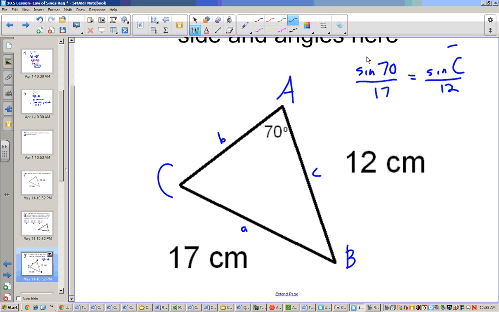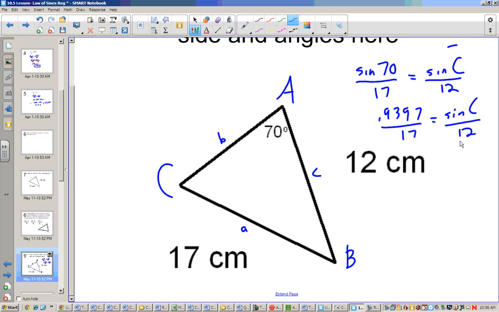Now, this sets up a situation like we used in level 1. To solve for sine of 70, we type in sine of 70, and we have 0.9397 if we round, over 17, is equal to the sine of C over 12. Now we cross multiply.